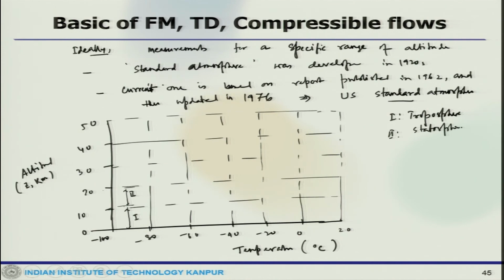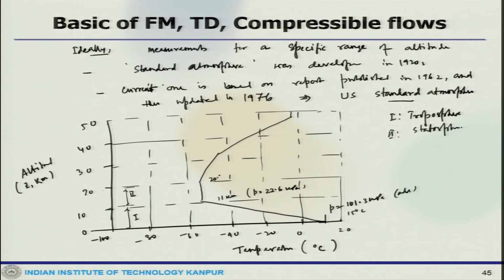Somewhere the curve looks like this, then it goes like that and like this. So, this is at P equals 101.3 kPa, which is absolute, at 15 degree C. This is at 11 kilometer, P is roughly 22 kPa.